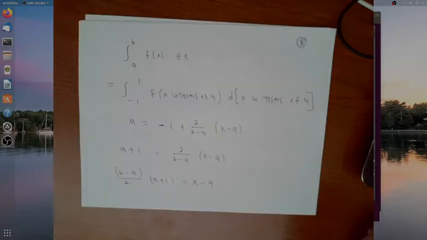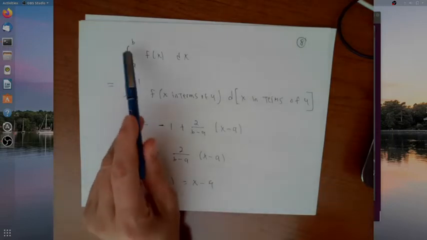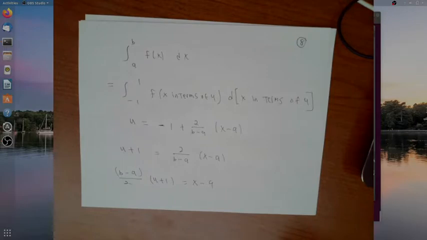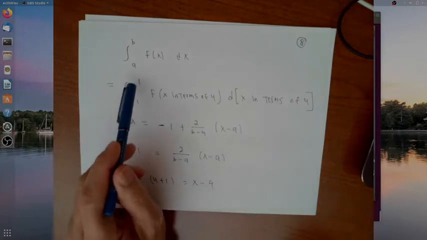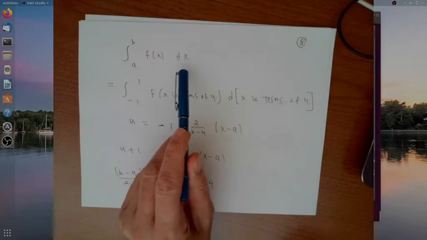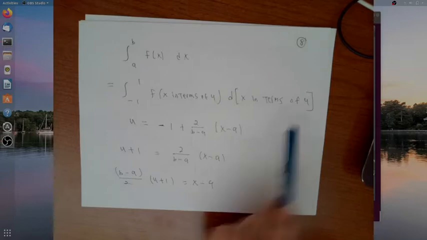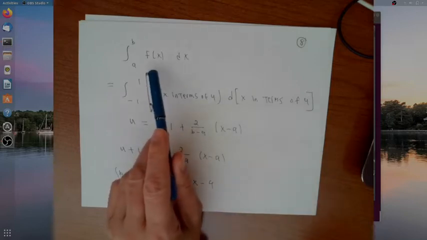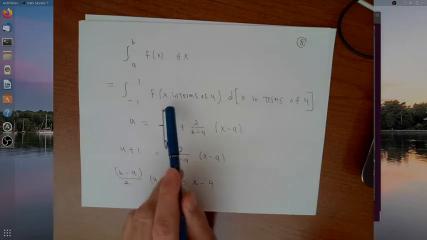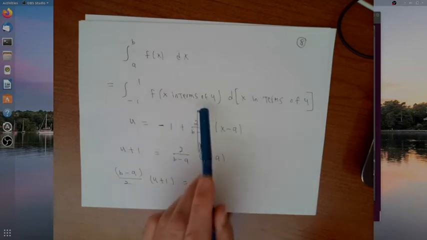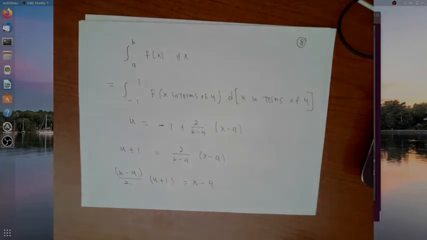So in an effort to be clear here, the integral from a to b of f of x dx will be the integral from negative 1 to positive 1 with respect to x, except I have to write x in terms of u. I need function value f of x, so I have to have f with the x here, except I have to write the x in terms of u so that everything in my integral is now in terms of u and not x.